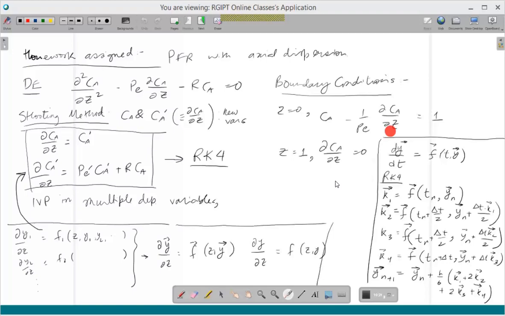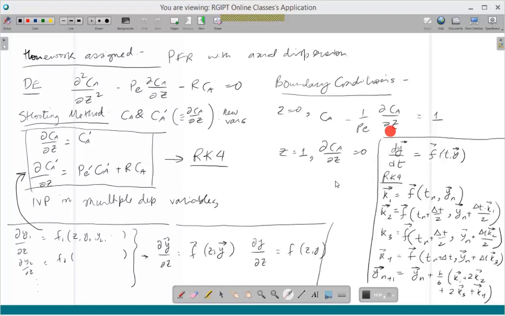The shooting method consists of knowing the initial values at t equal to 0. So this y vector has to be known at t equal to 0, so that you can implement this step. These are RK4 steps. Remember, y is a vector consisting of the value CA and its derivative CA prime.